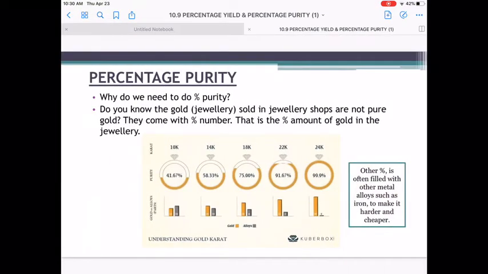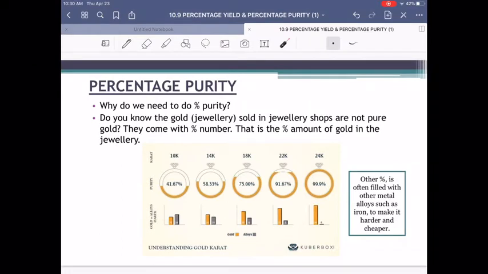Okay, so what is percentage purity? Firstly, why do we need to calculate the percentage purity? For example, do you know that the gold jewelry sold in the jewelry shop is not pure gold? Do you usually notice that it comes with a percentage number? That is the percentage amount of gold present in the jewelry.